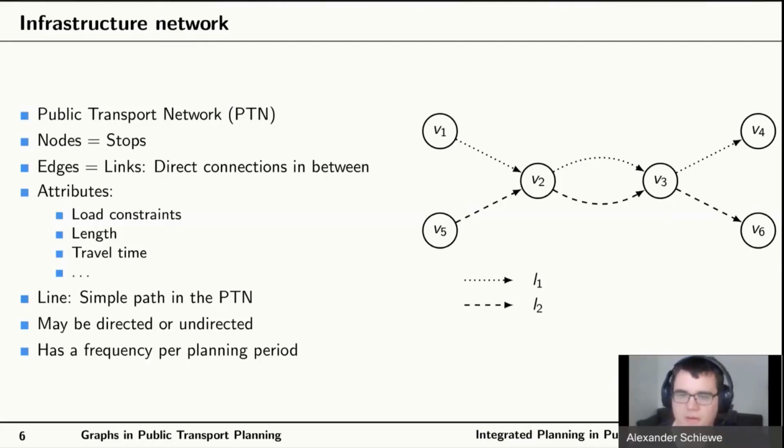One line serving V1, V2, V3, and V4, and line 2 just using the lower half of the infrastructure network. And we have 2 stops in the middle where both lines serve the same stops. So passengers have the possibility to transfer.